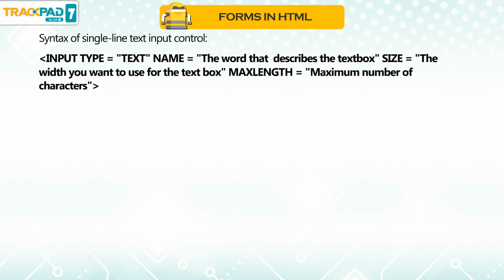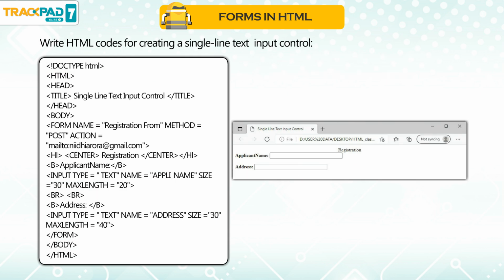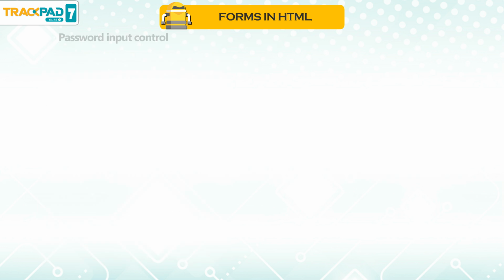Input type equals double quotes text, name equals double quotes, the word that describes the text box. Size equals double quotes, the width you want to use for the text box. Maxlength equals double quotes, maximum number of characters. Write HTML codes for creating a single line text input control.